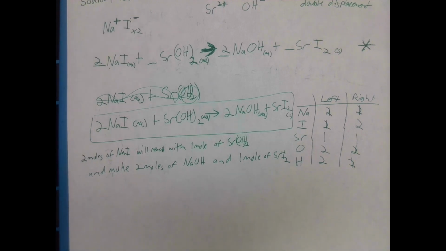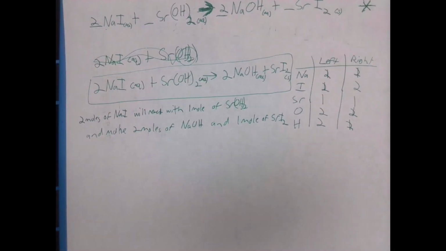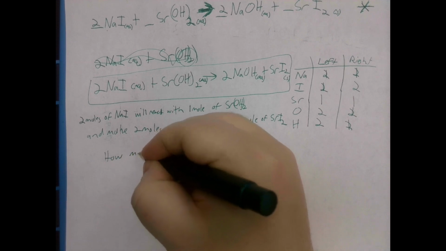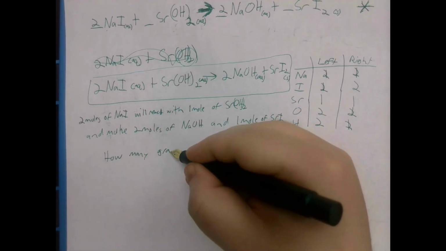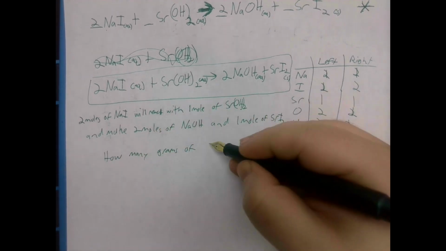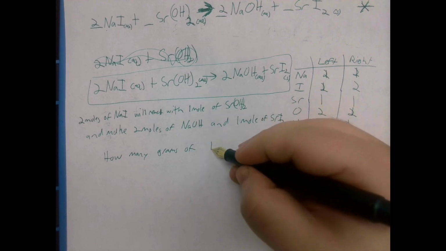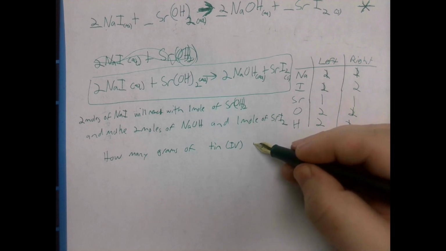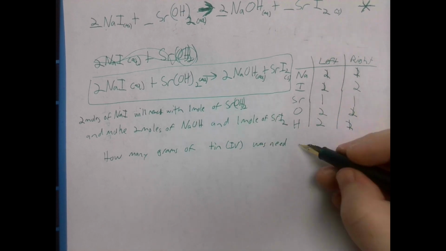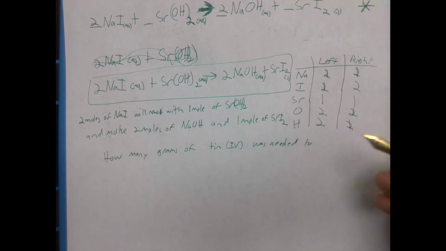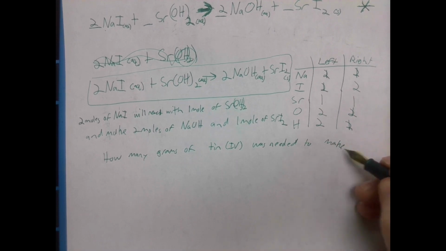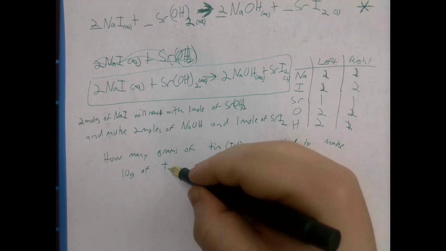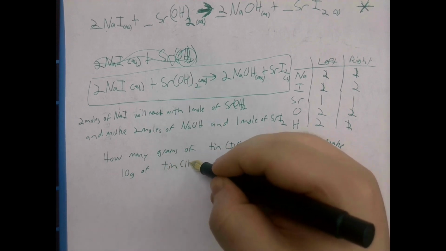Basically, if y'all remember one of y'all's tests, I gave a bonus problem: how many grams of tin was needed to make 10 grams of tin oxide, tin 4 oxide.